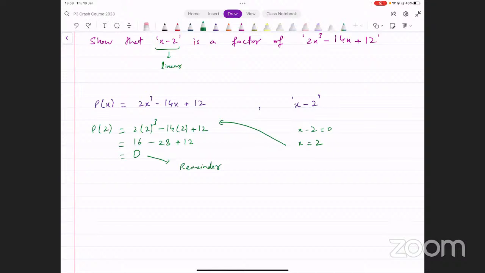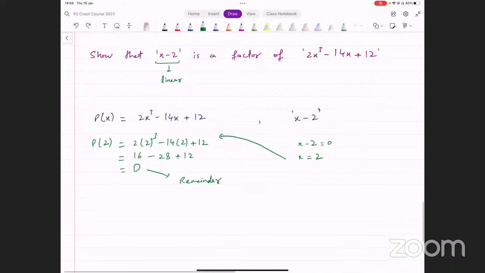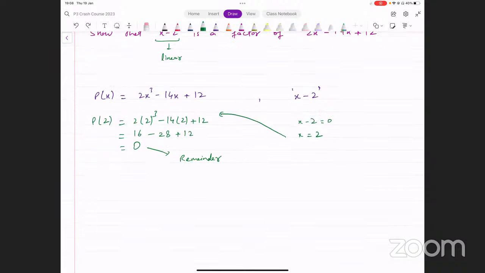Now, since this is the remainder and the remainder is 0, you say x minus 2 is a factor of that polynomial. Since the remainder is equal to 0, x minus 2 is a factor of that polynomial.